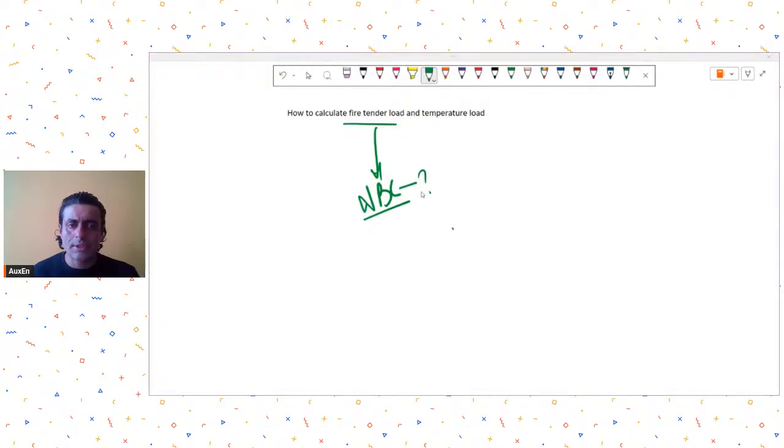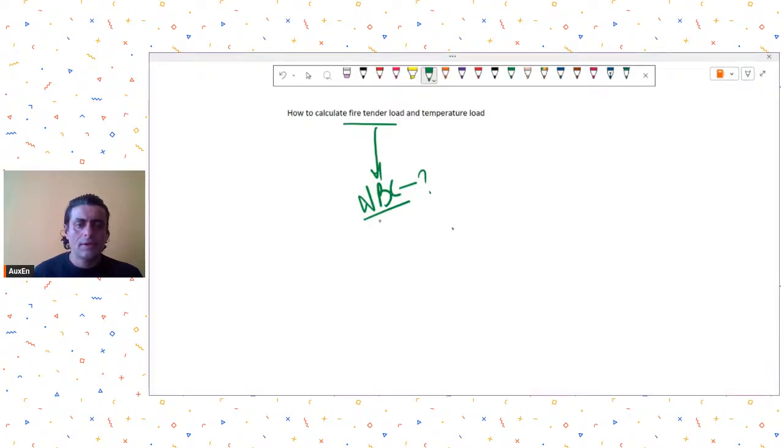I assume it is given in NBC, right? Anyone in the live audience who can answer? Is the fire tender load for, let's say, your ramps or your parking areas, are those loads given in NBC? I think it is given in the NBC, so you will find that data from there.